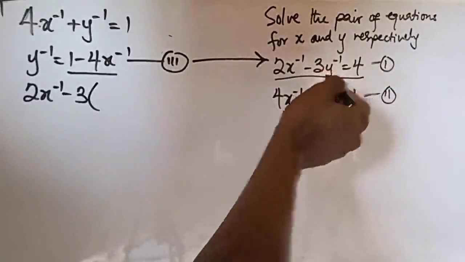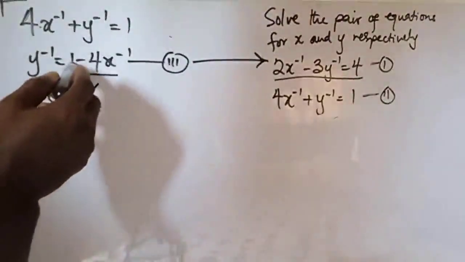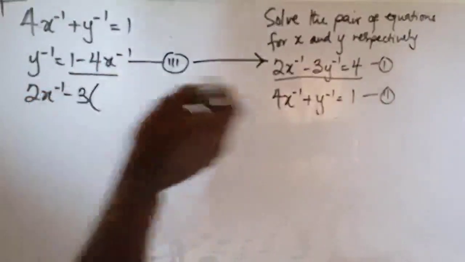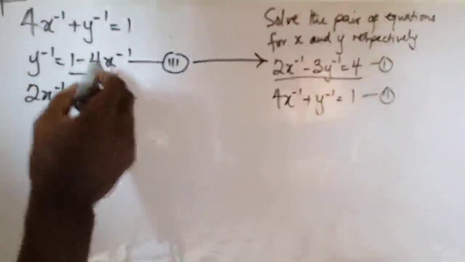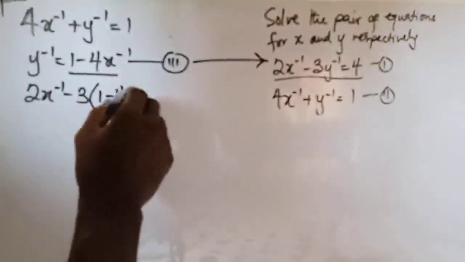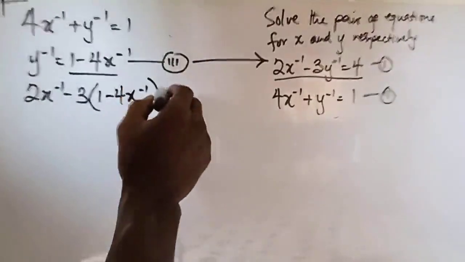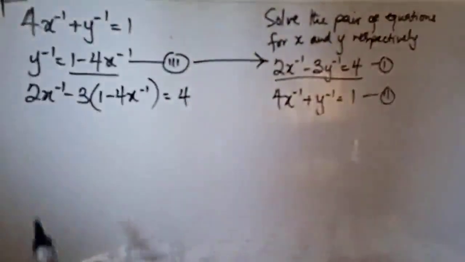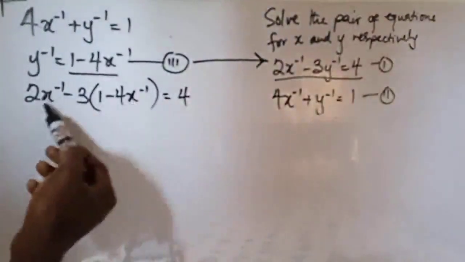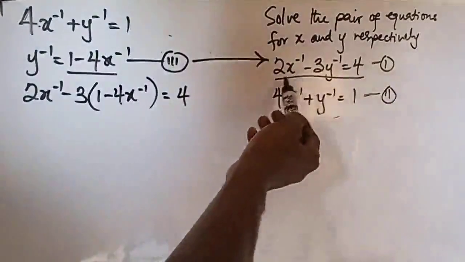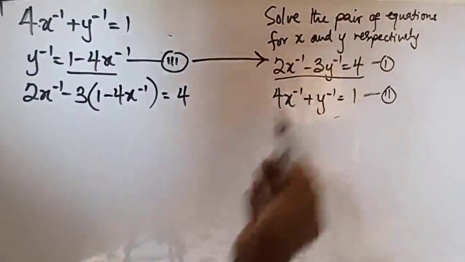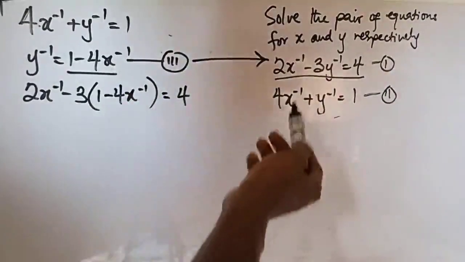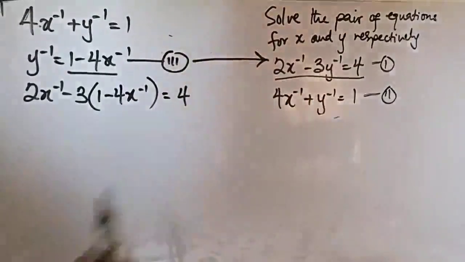So our y here now, we've made it to be 1 minus 4x raised to power minus 1. So we have to replace this y with this. So here we have 2x raised to power minus 1 minus 3 times 1 minus 4x raised to power minus 1, then equals to 4. So you can see that we now have a common term in this equation, and our essence of doing this is to ensure that we have a common term and simplify easily.